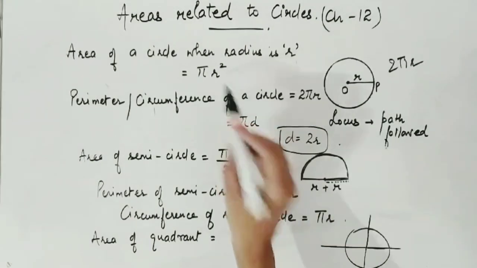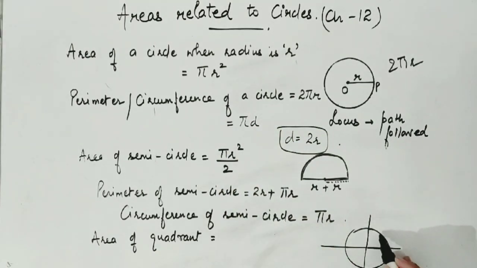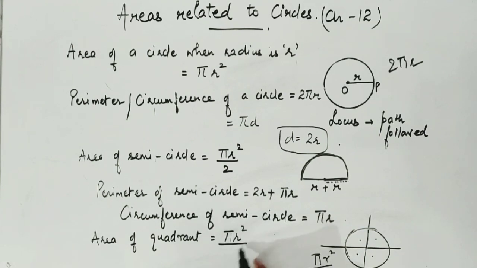For full circle it is pi r square. It is divided into 4 parts, so pi r square by 4. So this would be pi r square upon 4.